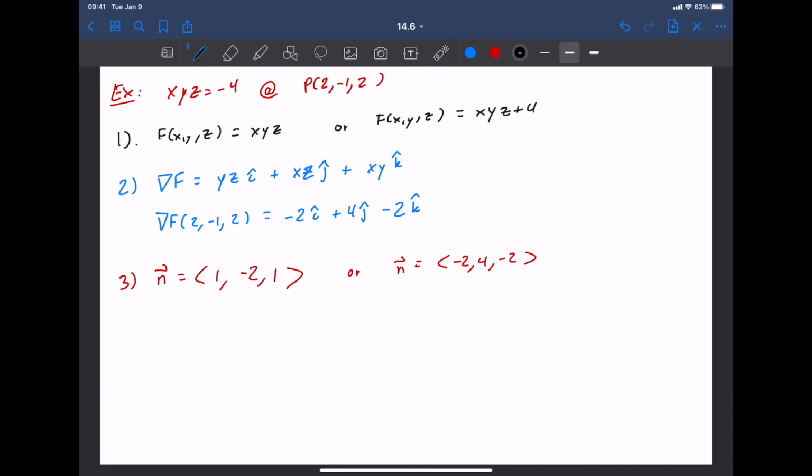But then the planar equation, the tangent plane, would be 1 times (x minus 2), plus negative 2, I guess I'll write minus 2 times (y plus 1), plus 1 times (z minus 2). So it's really important to keep track of what's supposed to go where.